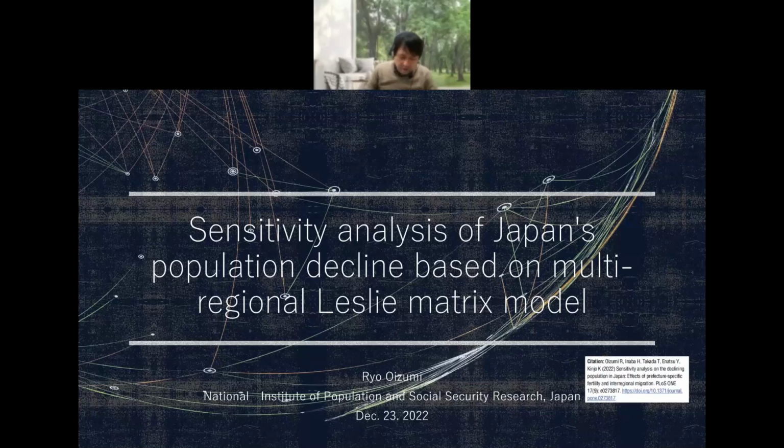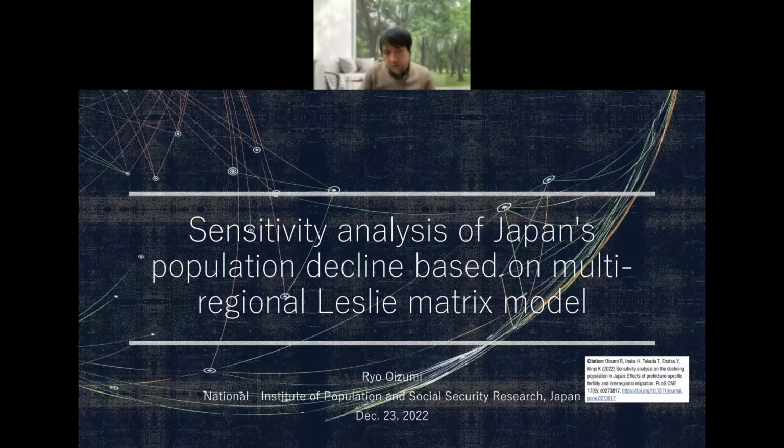So my research usually focuses on differential equations, but I'd like to talk about a transition matrix model for the declining population. Declining birth rate and population is a serious problem in Japan and also Taiwan.